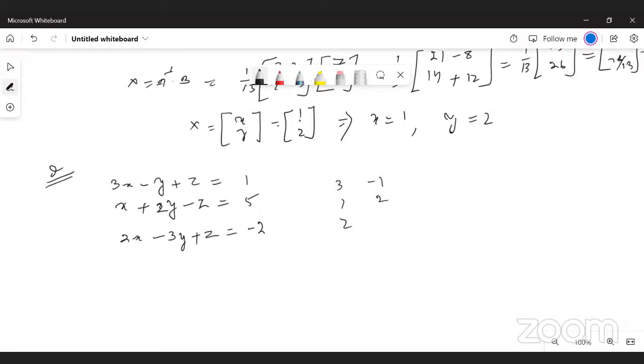Minus 1, 2 and minus 3. This becomes 1, minus 1 and 1. X, y, and z equals 1, 5.